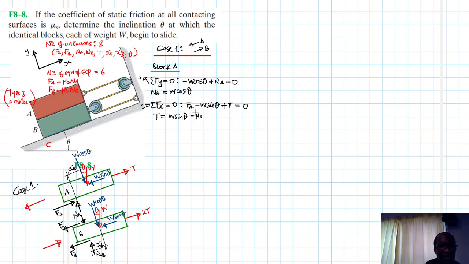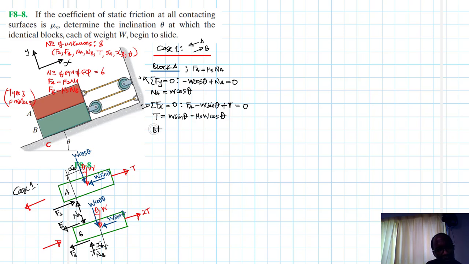We said FA is equal to what? So we said that FA is equal to mu S NA. Alright, so this one becomes mu S NA, and NA is equal to W cos theta, so this becomes mu S W cos theta. So this is our T. So we are done for block A.